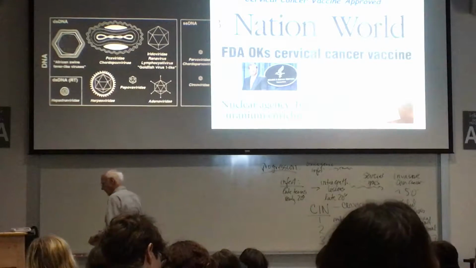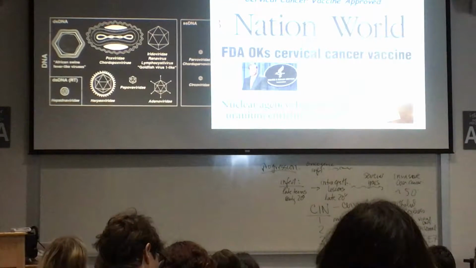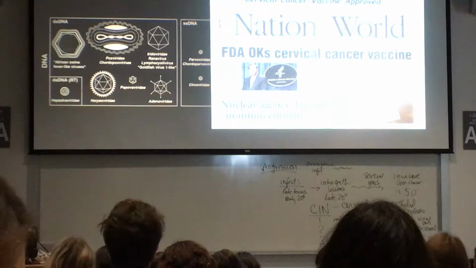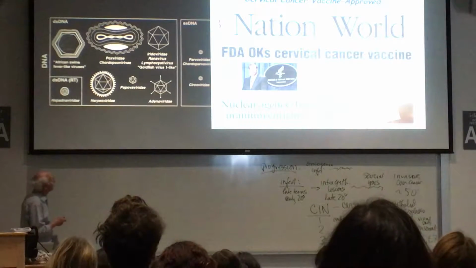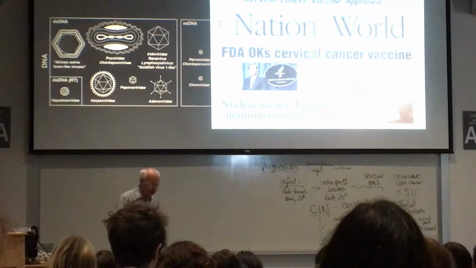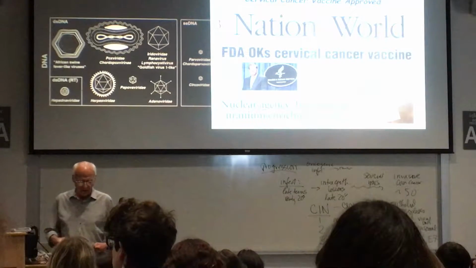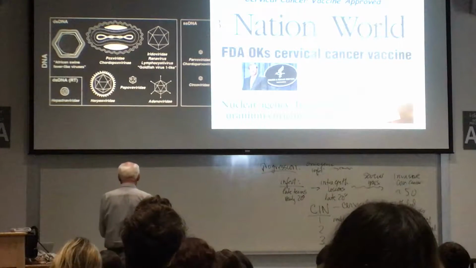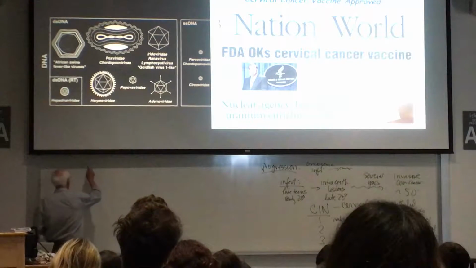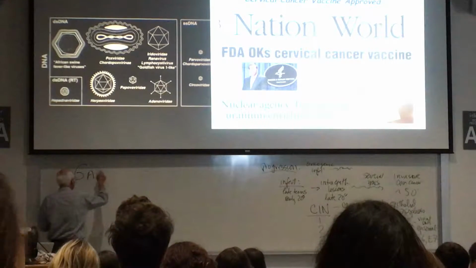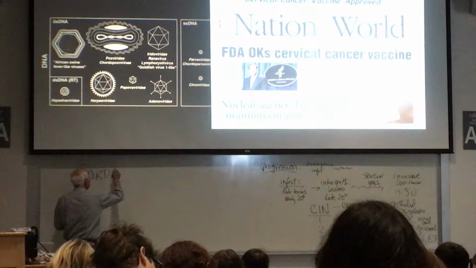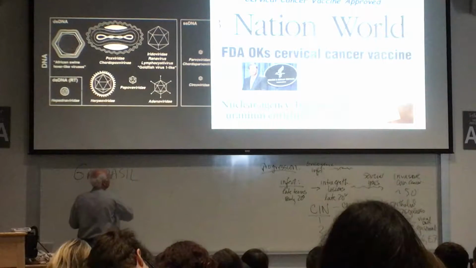And so that was a late-breaking development for the class a couple of years ago, actually nearly 10 years ago now. The vaccine that was approved by the FDA, Gardasil. So what is Gardasil?